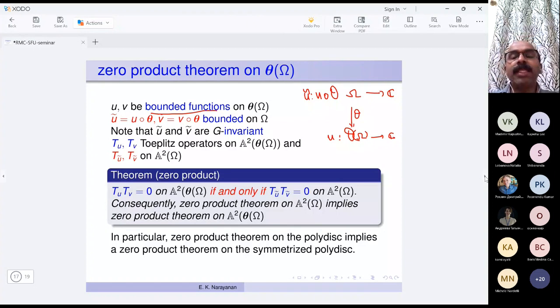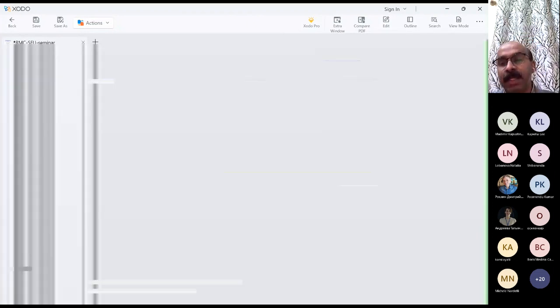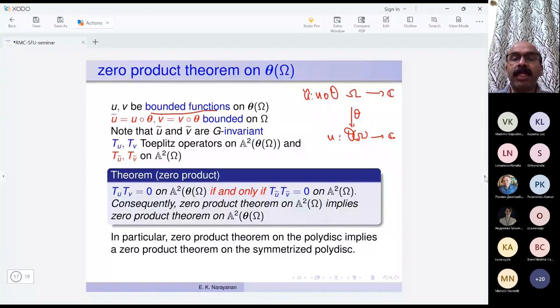So the tildes will always stand for things which are upstairs, that is, for the original domain. So you take two bounded functions on theta omega, which is downstairs, the quotient domain. You pull them back, and you get G invariant functions on the original domain omega.